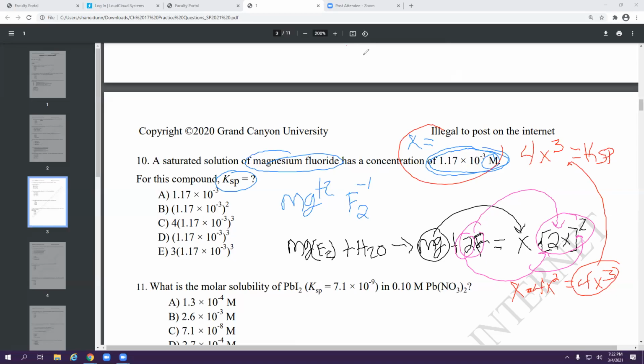This was X, I told you, right? Plug that in for X. Which one of these looks just like this, but with X plugged in? C. So C is the right answer. That's all it's asking for. Does that make sense? You don't have to solve it. You just have to figure out what it's asking for.